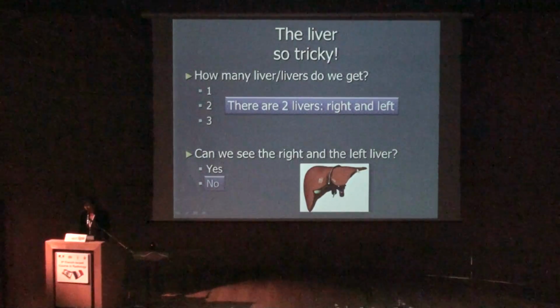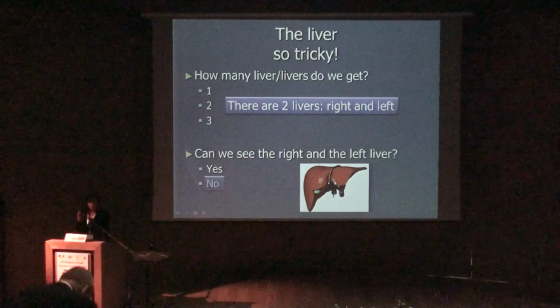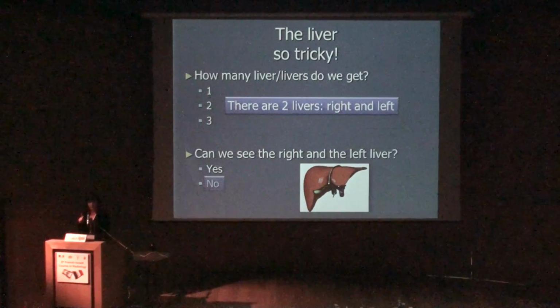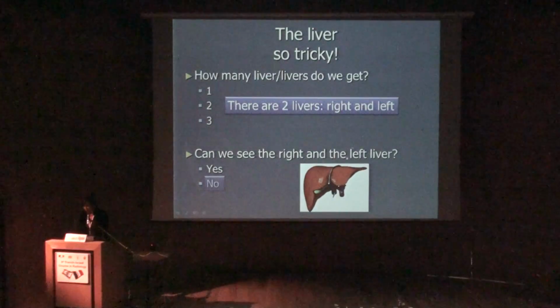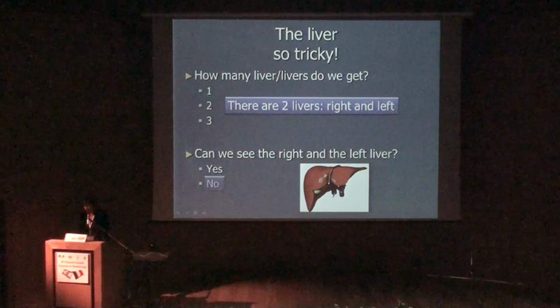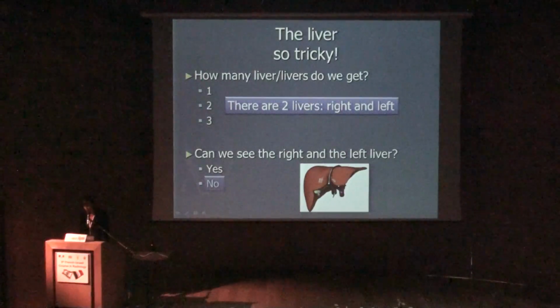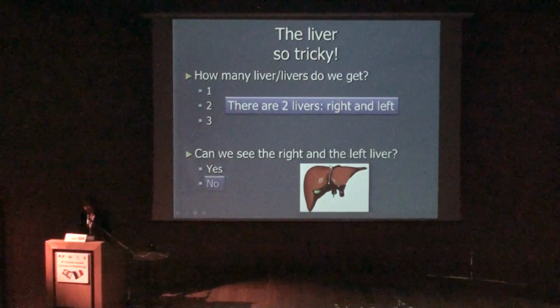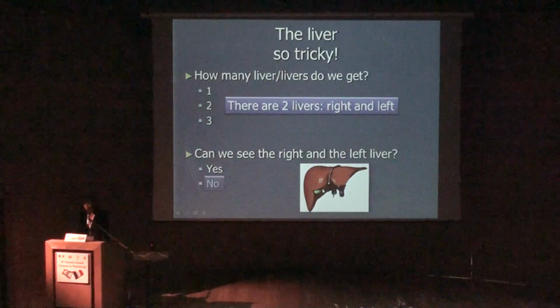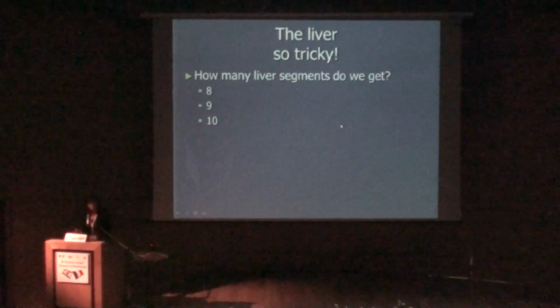We see here the falciform ligament, which separates the left lobe from the right lobe. So that's another reason to consider that the liver is very tricky. The boundary between the right and the left is invisible and is a virtual line between the IVC and the gallbladder.